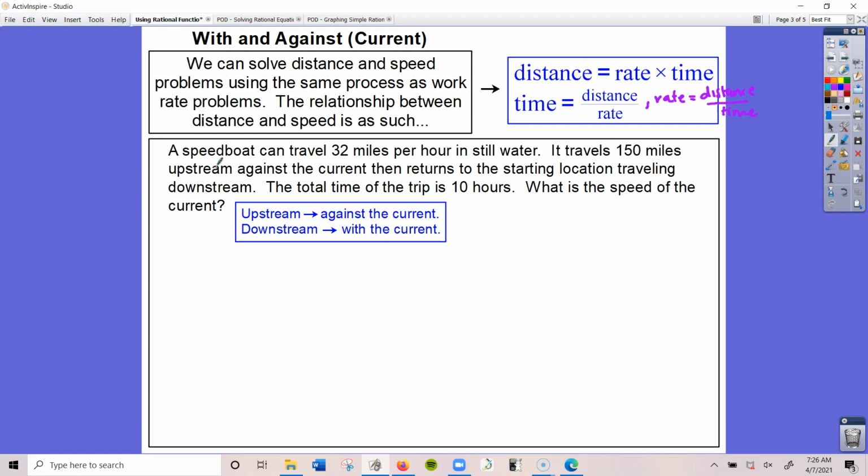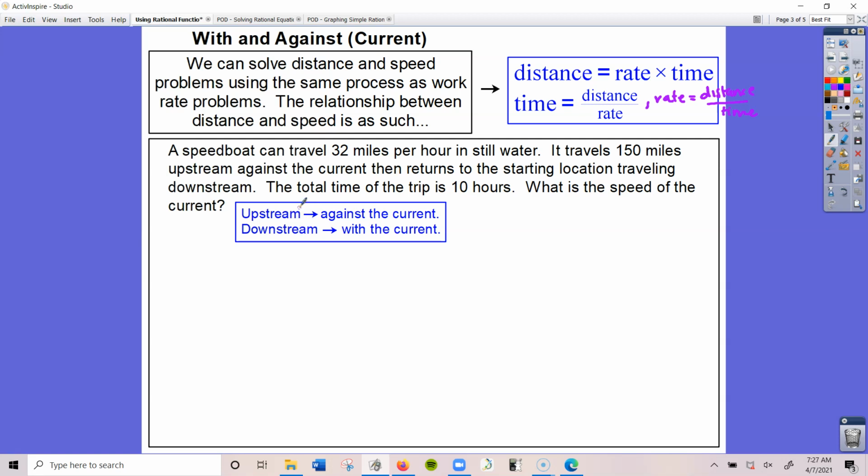So when you're walking in, it's as if you're trudging against those waves. So you're going slower versus when you're getting out of the water, the waves push you out. So you're going faster trying to come out. So that's what upstream and downstream is. You're going to go slower when you go upstream because of the current. And you're going to go faster when you go downstream because you're going to travel with the current.